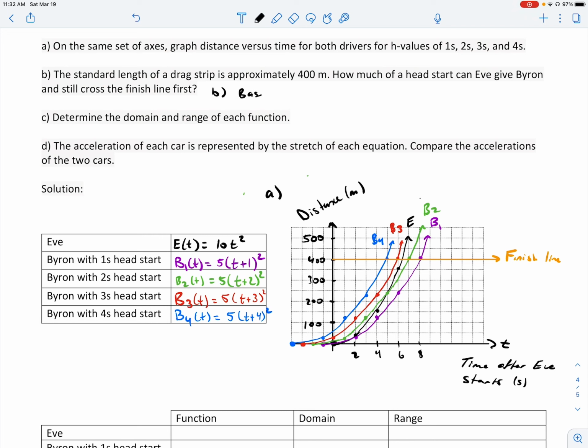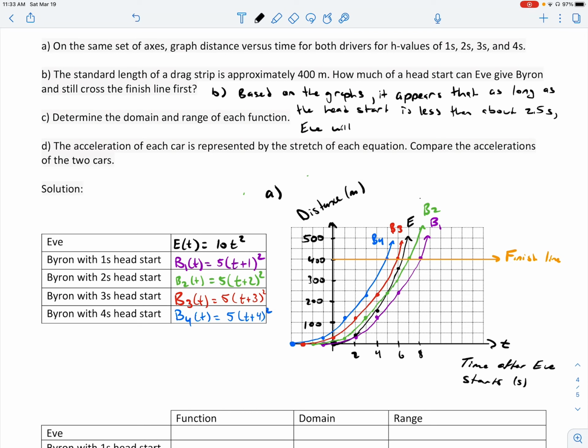We'll say, based on the graphs, it appears that as long as the head start is less than about 2.5 seconds, Eve will still win the race.